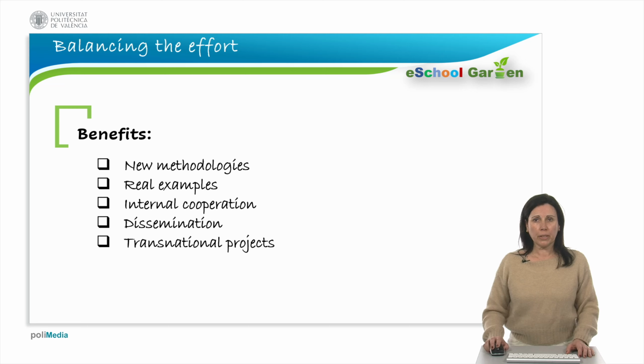Moreover, the program means cooperation both internal to the school community and external, opening it to educative networks with similar concerns. Such networks are an opportunity to disseminate our successful practices to families, authorities, and other schools. It will lead us to propose and participate, for example, in transnational projects.